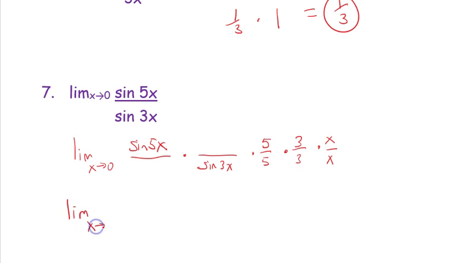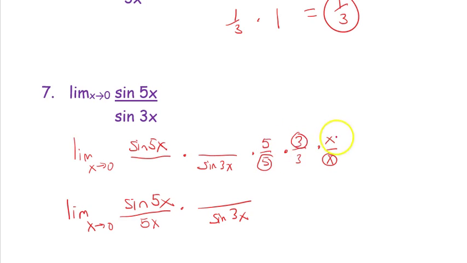What I can do is put things where I need them to be, because multiplication is commutative, meaning I can move it around, change the order. So I'm going to take this 5 and this x and stick them under the first one. And then I'm going to take this 3 and this x and stick them on top of the next one.